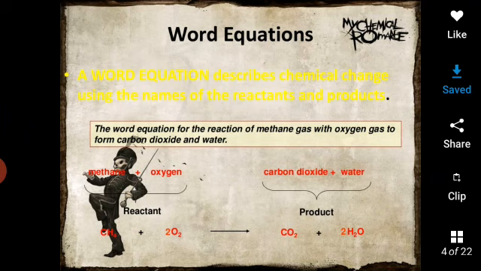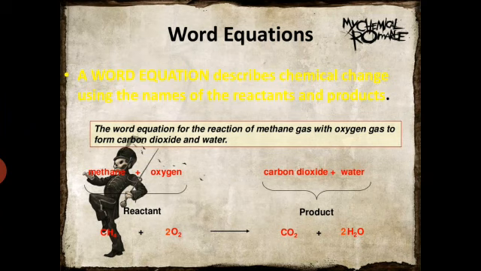You must remember the element symbols, so it will be easier for you to write down their equations. For example, we are burning carbon in oxygen and we get carbon dioxide. So C plus O2 is giving you CO2. You are burning hydrogen in oxygen to get water. So H2 plus O2 is giving you H2O.